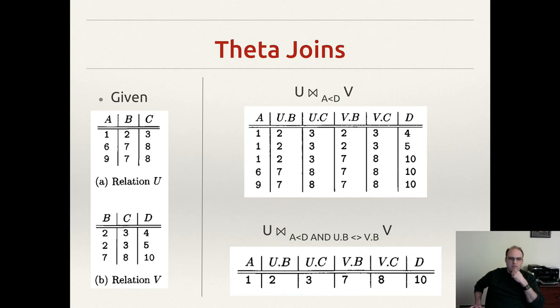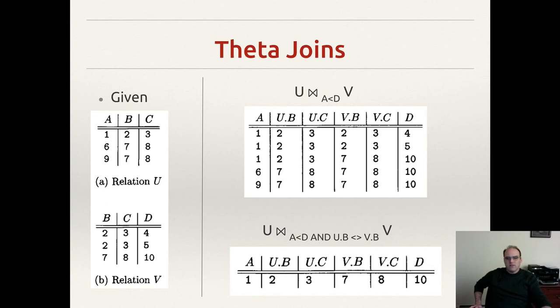Well, that's promising. Let's look at V, and we can see that every tuple in V has a D greater than 1. So that means the first three tuples of this result set are the first tuple of relation U, 1, 2, and 3, matched up with each of the three tuples in relation V, because that was our condition, and A is less than D every time.